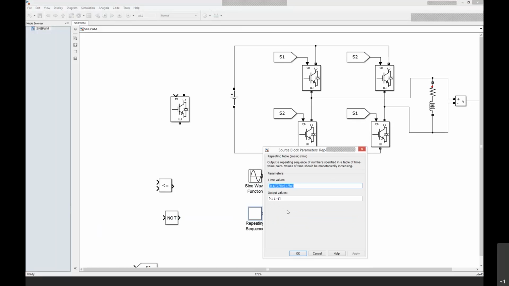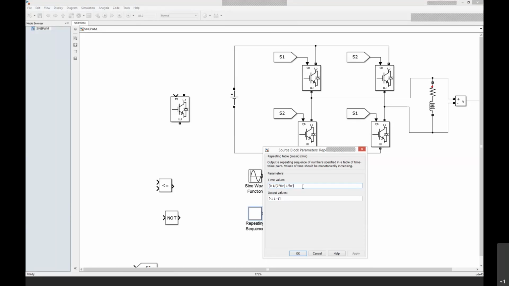In one cycle, the starting time value is 0 and the value is 1, and once the cycle is complete it will reach minus 1. So this is a 3-point storage. Similarly, you can store a 5-point storage.